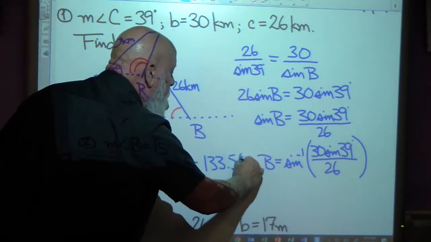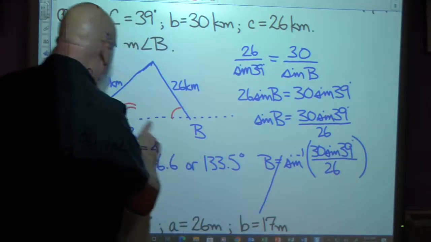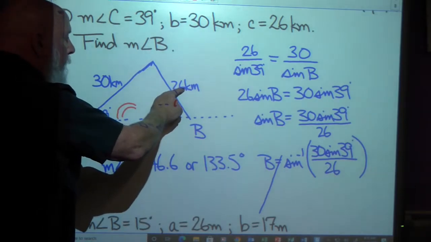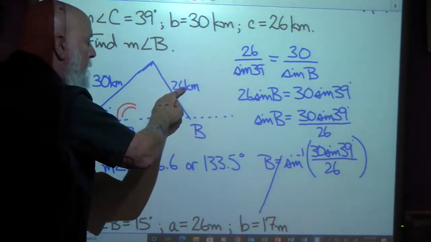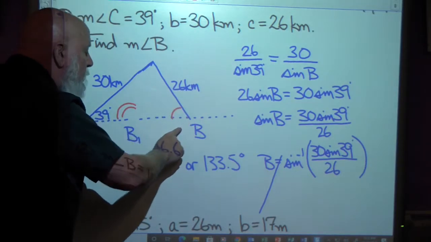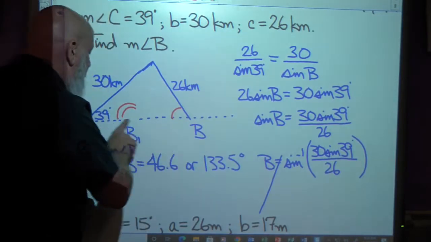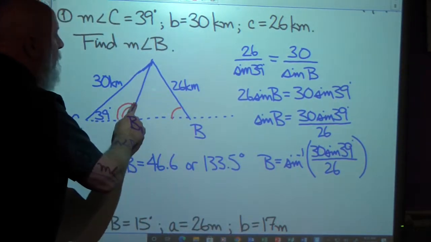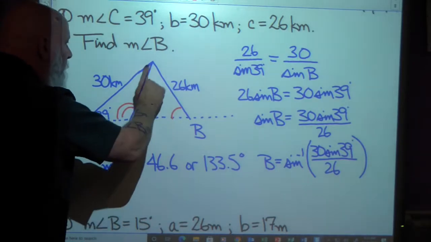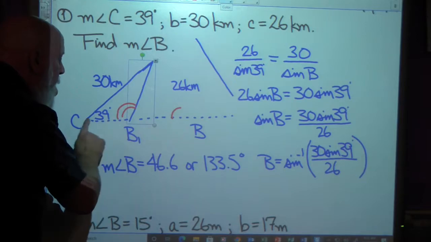Because we have an ambiguous case, we were given angle side side. And we saw that the adjacent side was longer than the opposite side, which means that this could form more than one triangle. It could be drawn like this and form this triangle, or it could be drawn like this and form this triangle right here.